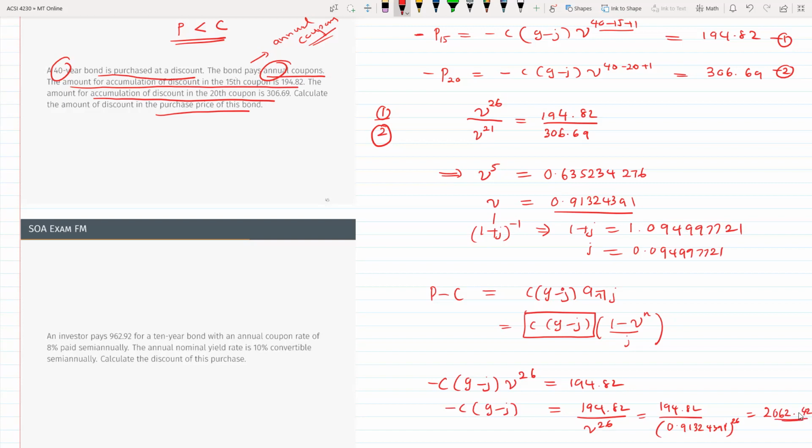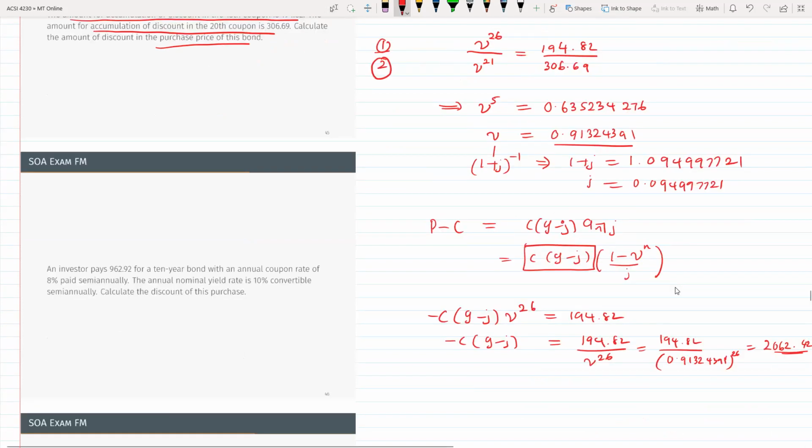Please check it. In case I made a mistake, you can let me know. Okay, so I will write that number here. So it's 2062.42011. Remember we are doing this at the very beginning, at the purchase price. So n should be 40.